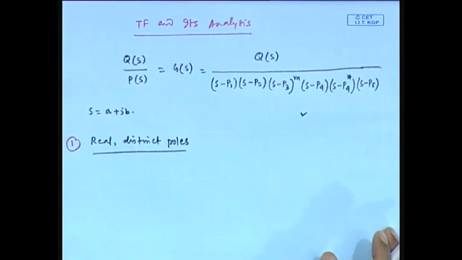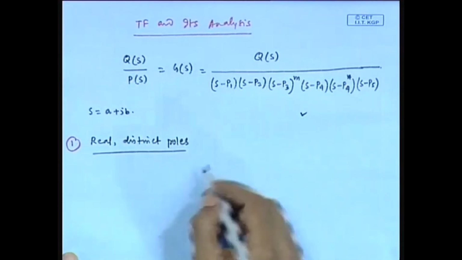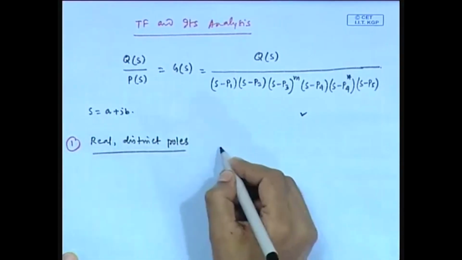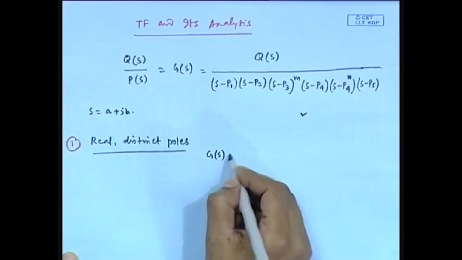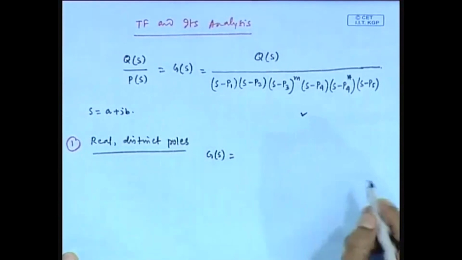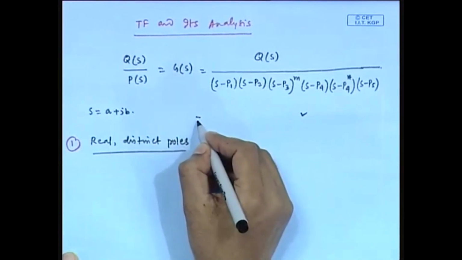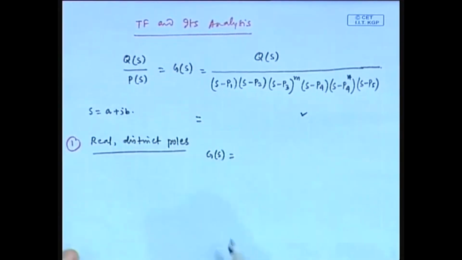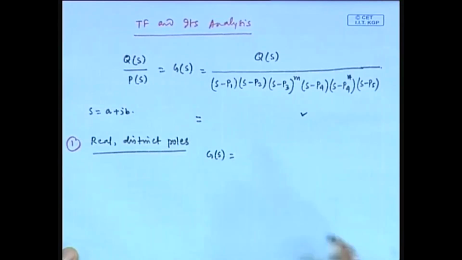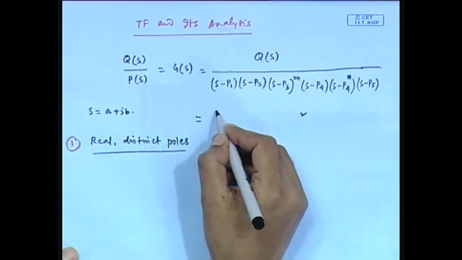Now, to consider this case, we will reduce this general form of the transfer function to this expression, G(s) equal to, anyway we can take the partial fraction of this equation before considering the different cases. So, we can write this equation in this way.